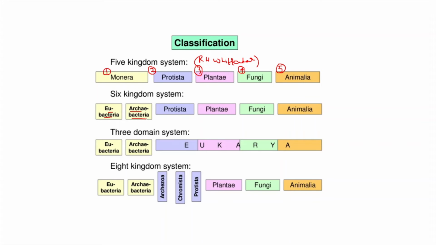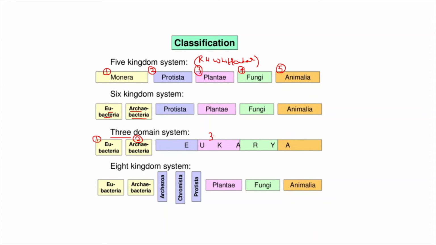There is another system of classification, called the 3-domain system of classification, where kingdom Monera has been split into 2 parts, eubacteria and archaebacteria, and Plantae, Protista, fungi, Animalia, all these have been combined into eukarya.